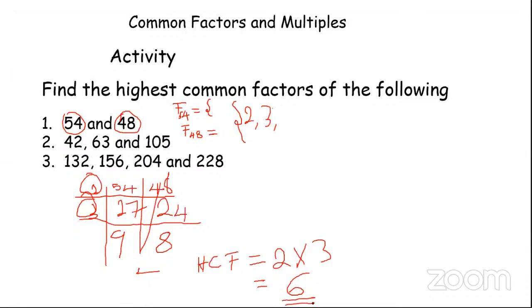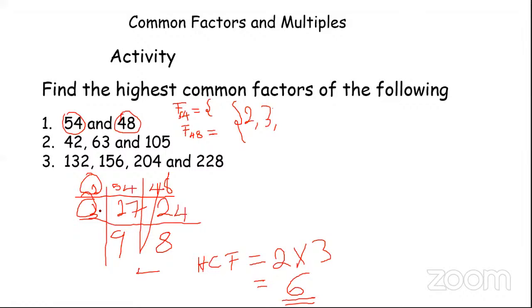In the ladder method we find the prime numbers that can go into 54 and 48 as well. So this 27 should be divisible by 3, and 24 should also be divisible by 3. Once it is not divisible, then we don't use it here.